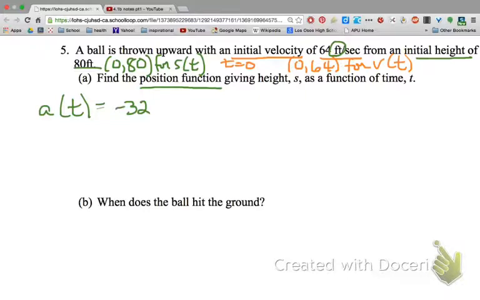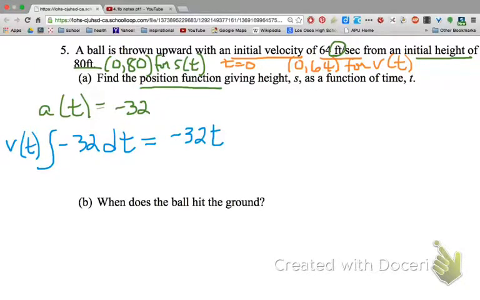So if I take the antiderivative, I say, oh, well, I have acceleration, I'd like to get to velocity first. So I'm going to take the antiderivative of acceleration with respect to t, and that's going to give me velocity, which, powering up, I'll have negative 32, a t back in it, to the first, and divide by 1.